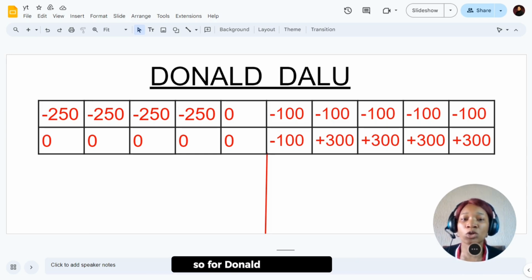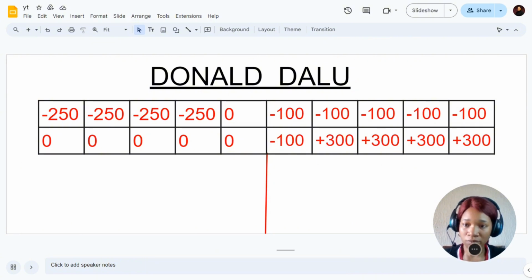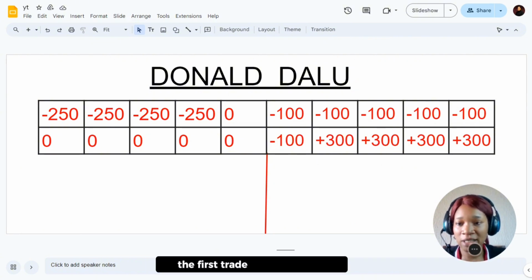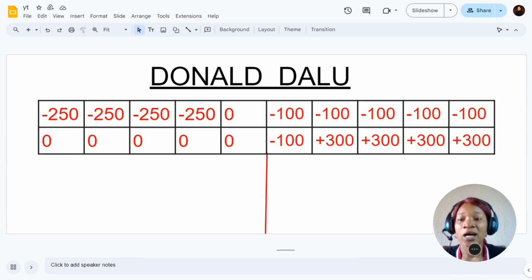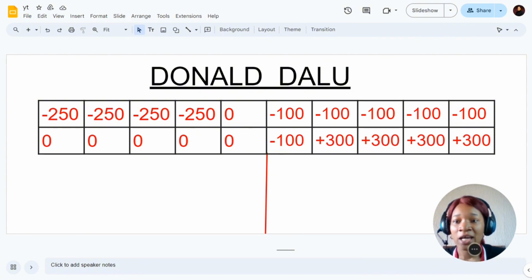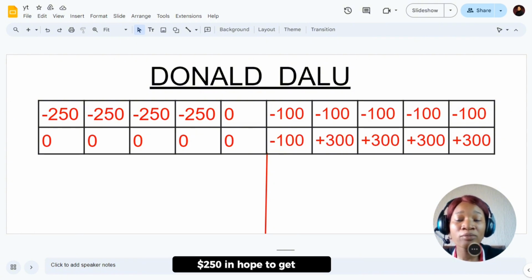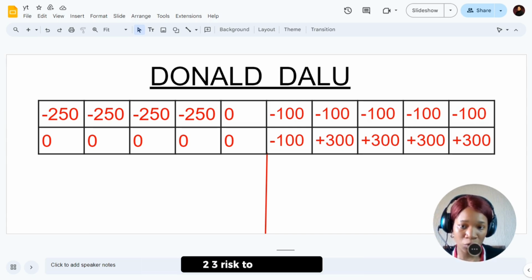So for Donald and Dalu, for Donald, out of his $1,000 capital, the first trade ended in a loss. That's minus 250 because he was very aggressive. On the second trade, he also risked $250 in hope to get times 3, because they are using a 1 to 3 risk to reward.